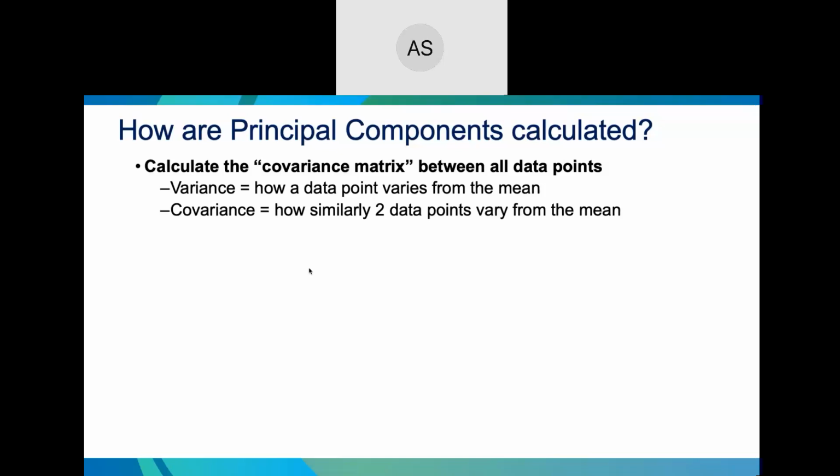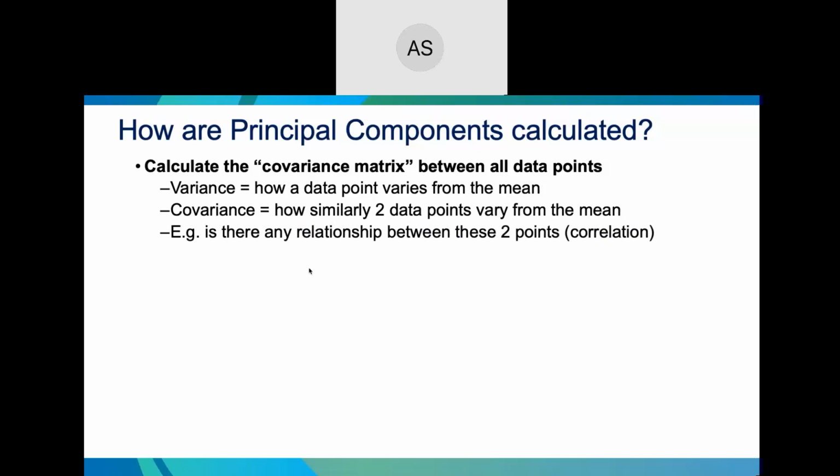So they're both greater than the mean, or they're both less than the mean, or are they not covariant at all? They're totally different sides of the mean and far away from each other. So a covariance matrix tells us for all possible pairs of points in the data set, what is the relationship between each pair of points? Basically, are these points correlated?